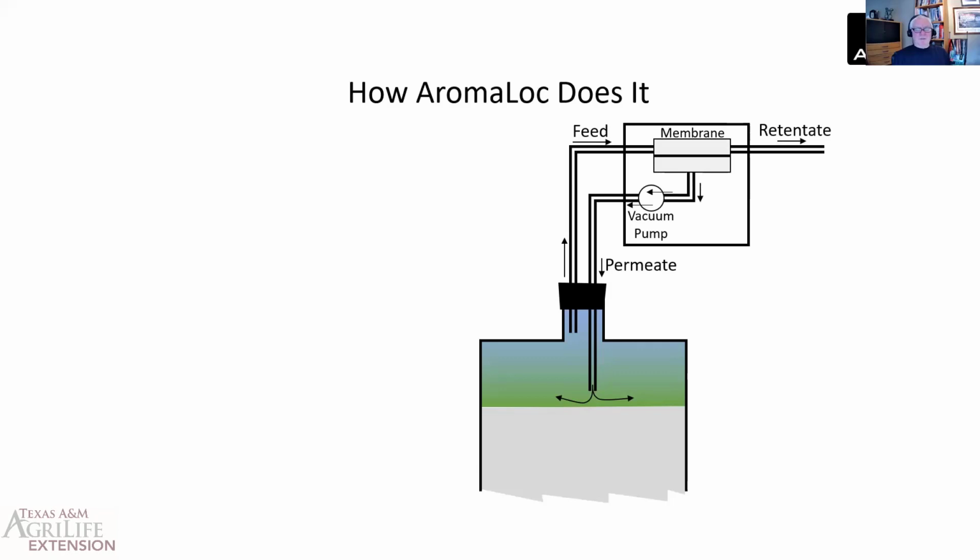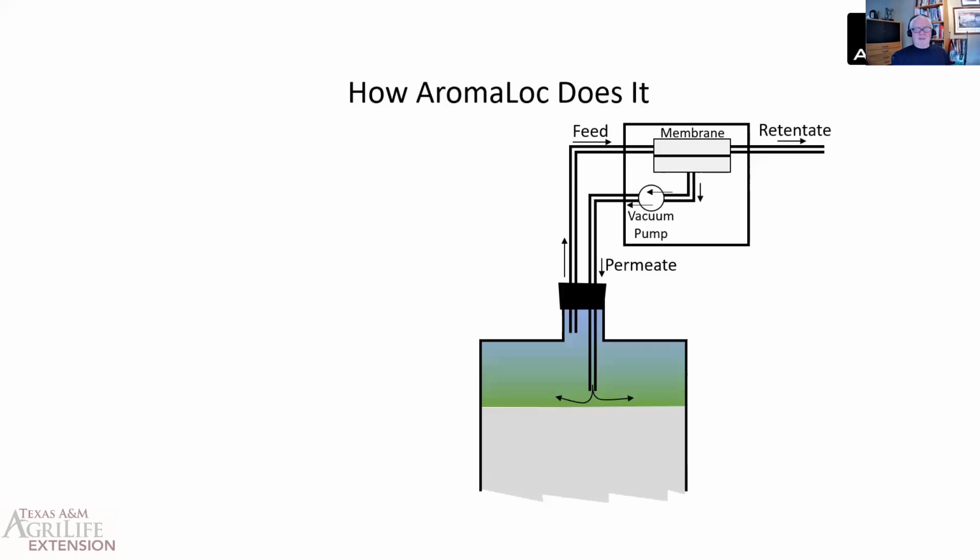then what we're going to do is feed that membrane gas from the headspace. So that's the feed gas going to the membrane. As the feed gas flows past the membrane, any aroma compounds or CO2, as a fact, will diffuse across the membrane.